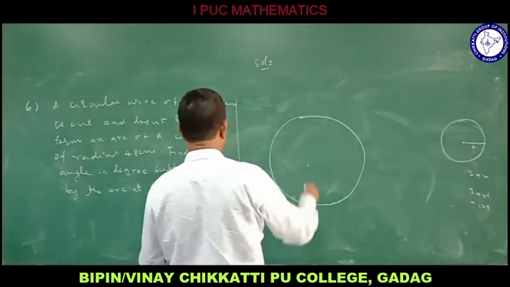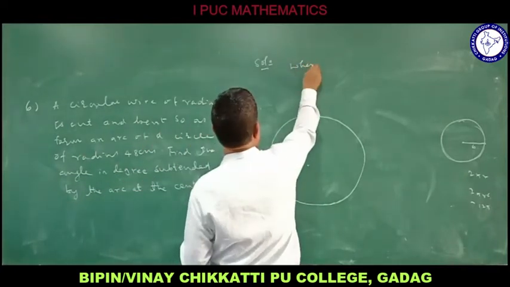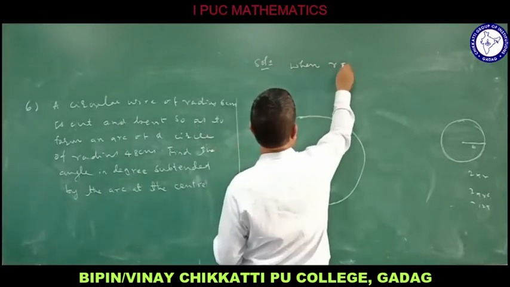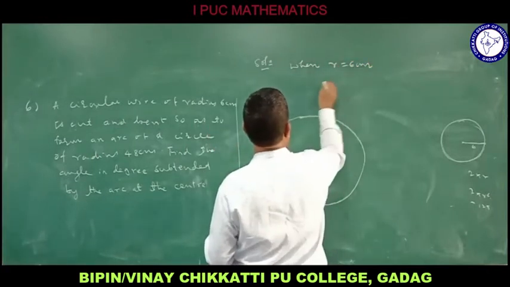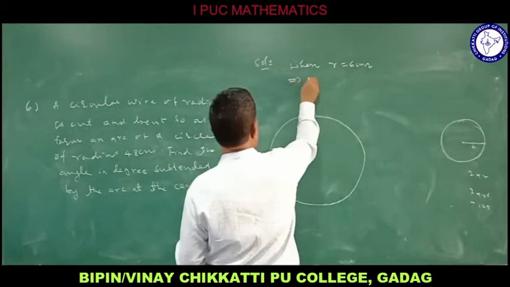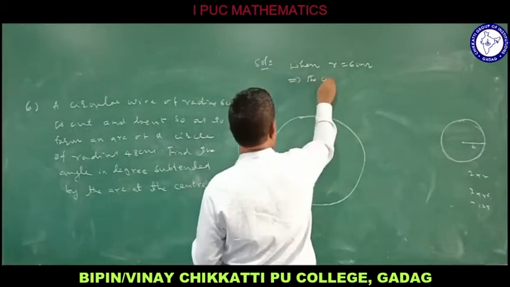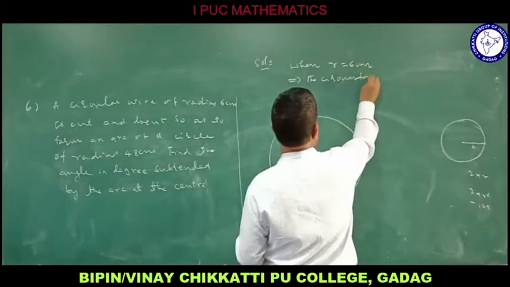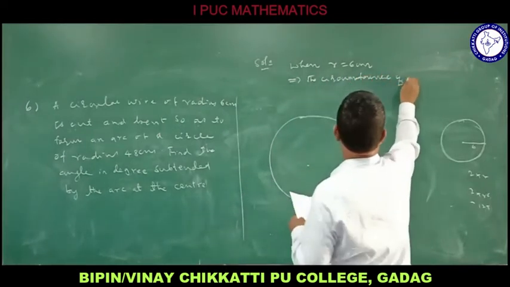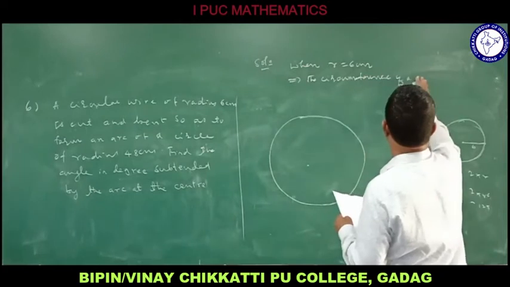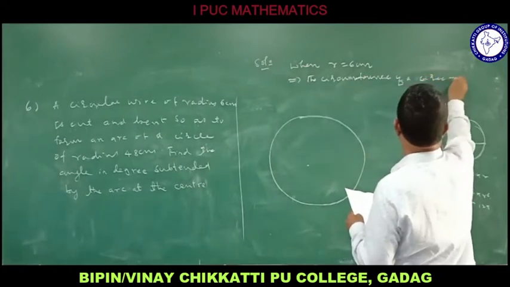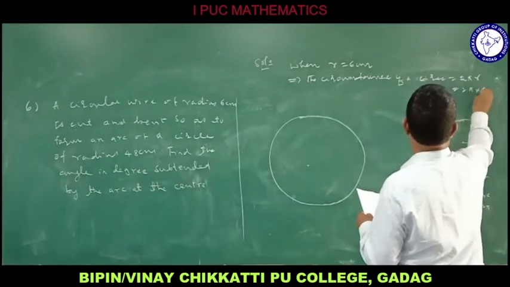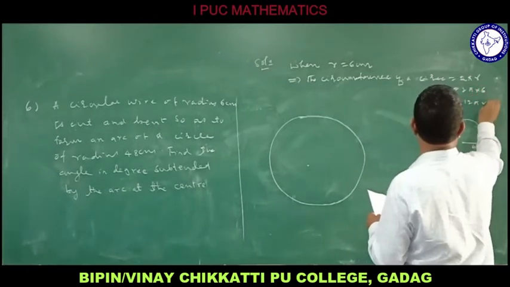So here, when r is equal to 6 centimeter, this implies the circumference of a circle is equal to 2 pi r, that is 2 pi 6, that is 12 pi centimeter.